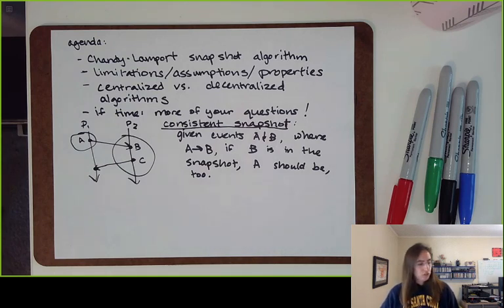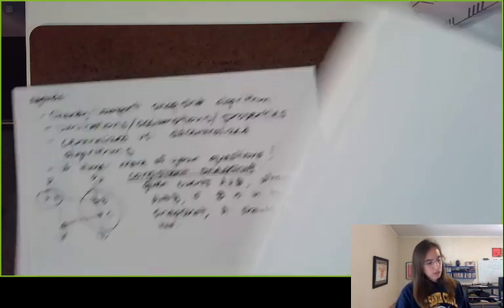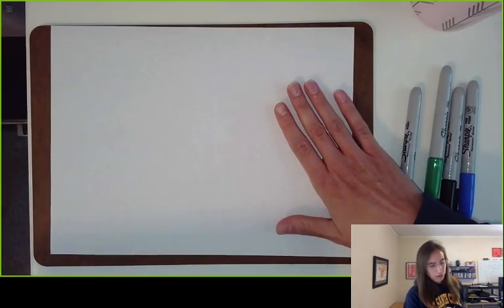Okay, so how do you actually get a consistent snapshot? Well, that brings us to the Chandy-Lamport snapshot algorithm, which is kind of the granddaddy of distributed snapshot algorithms. And what's kind of interesting about this algorithm is that it dates from 1985.